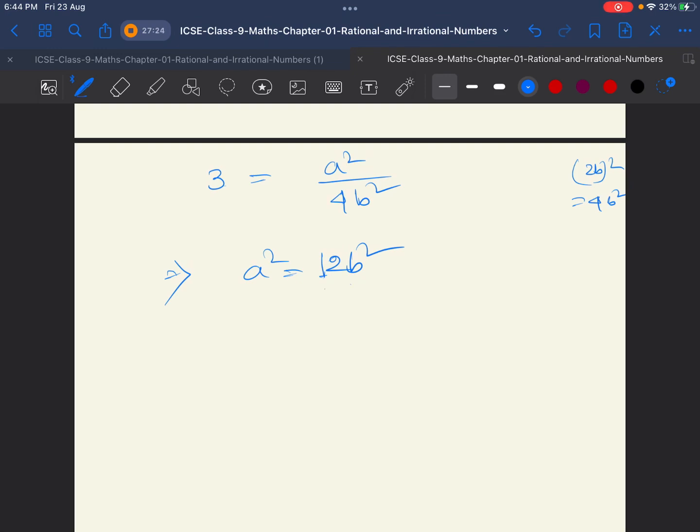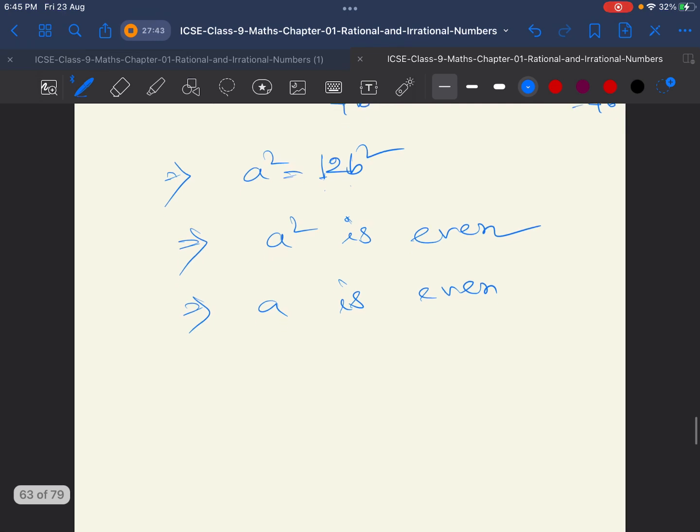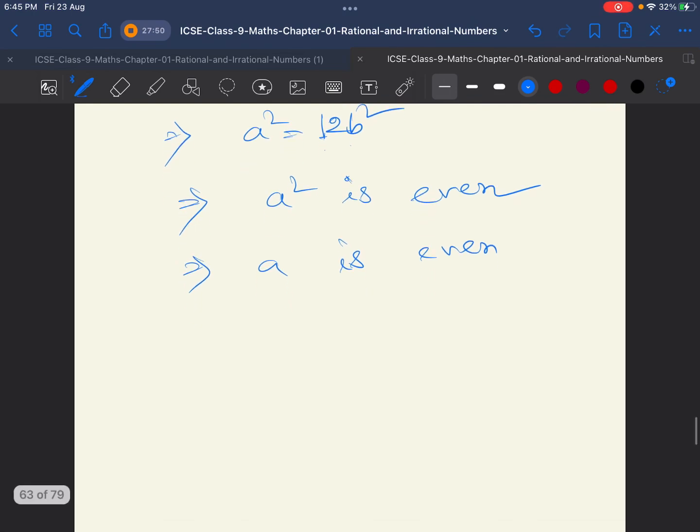Okay, so a square is an even number, so a is an even number, that means a has many factors except 1.